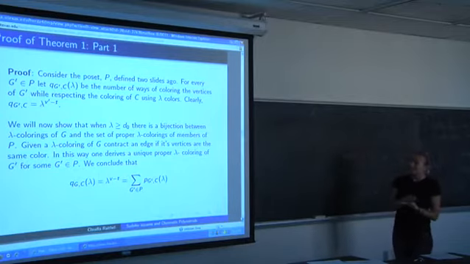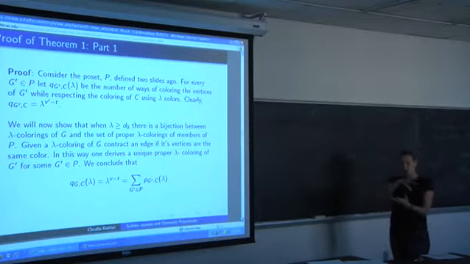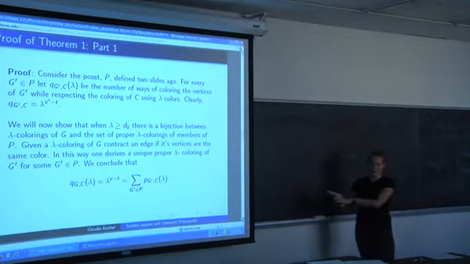So if you go through this process, eventually you're going to get a proper lambda coloring of another member of the poset, and it's going to be unique. So each coloring of G corresponds to a unique proper lambda coloring of G prime.